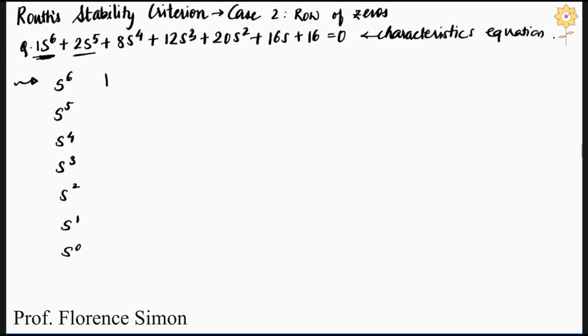Then here this is the odd power of s, so here we will write 2. Then again even power, s raised to 4, we will be writing in this particular row, so 8. This 12 will come here, then 20, 16 and this 16.